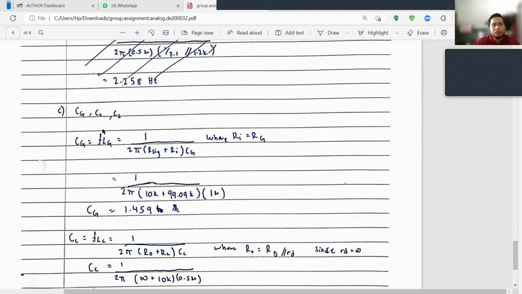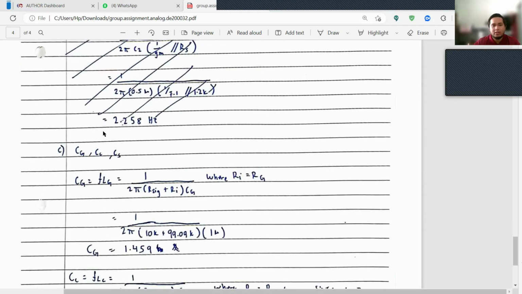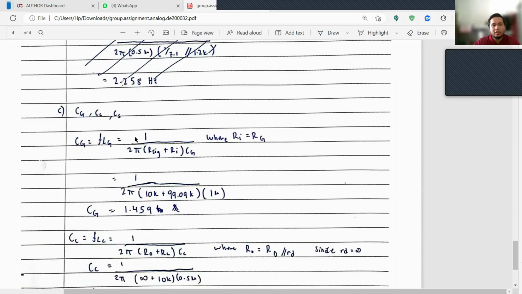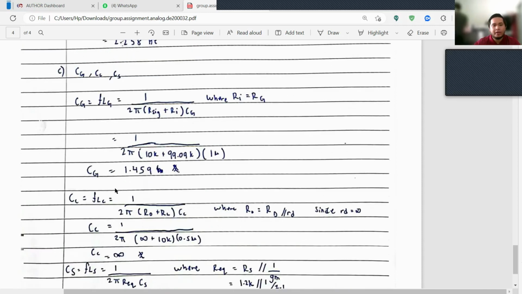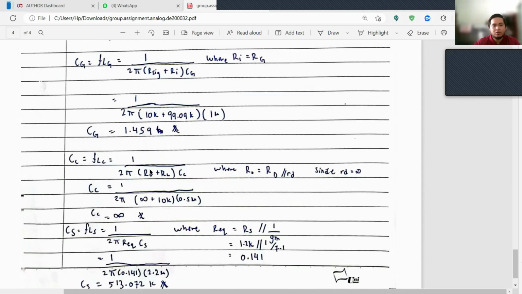So we need to find CG, CC, and CS. For CG, the equation is FLG equals 1 over 2 pi (RG plus Ri) CG, where Ri equals RG. So we plug in the values, and for CG what we got is 1.459. Then for CC, 1 over 2 pi (RO plus RL), where RO equals RD parallel with RD.